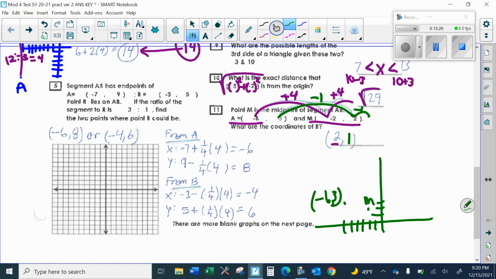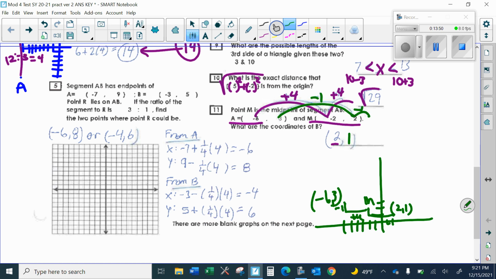I would go down 1 and right 4. So I just do the same thing again. Go down 1, right 4. 1, 2, 3, 4. So it takes me to 2, 1. So that's using slope. Down 1, right 4, down 1, right 4 again. So you can plot it and do it that way, or do what I just showed you up there. Your choice.